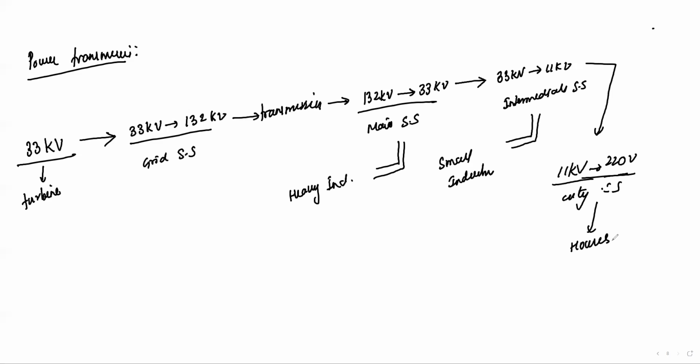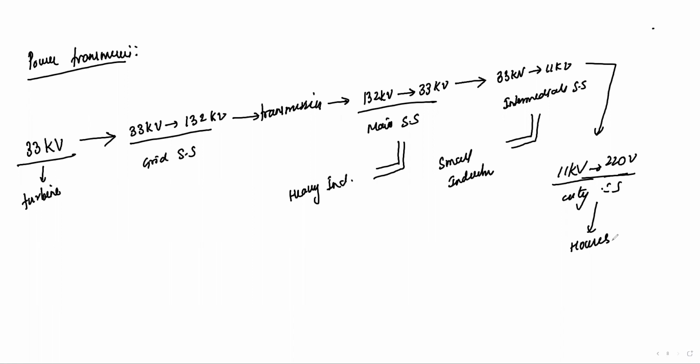Turbines generate 33 kilovolt that goes to the grid substation, where it is converted into 132 kilovolt. Then it goes through the transmission phase, where it's transmitted through huge towers across cities and countries. After that, it goes to the main substation, where it is stepped down back to 33 kilovolt, and that goes to heavy industries, heavy car industries, factories and so on.